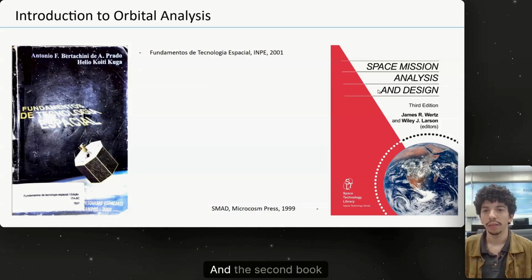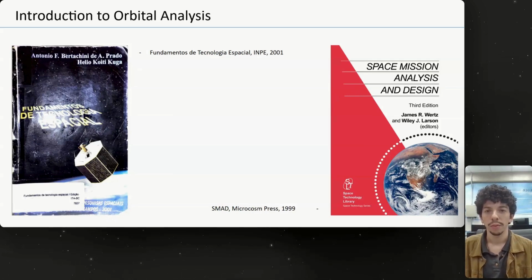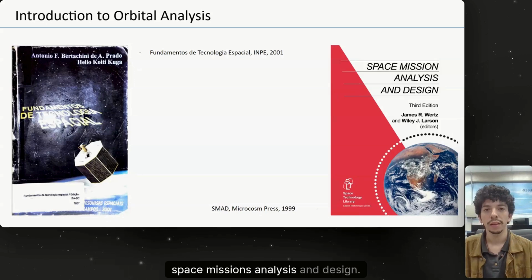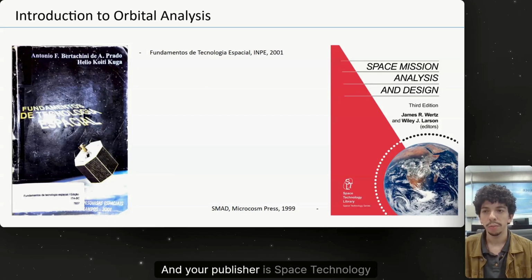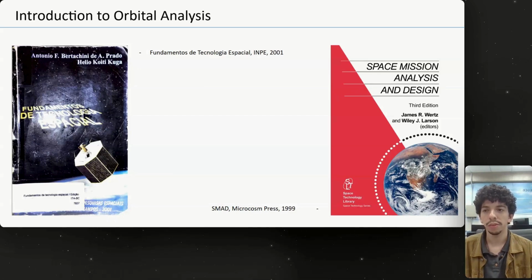Okay, and the second book is very important literature about space missions analysis and design, or SMAD, third edition, and its publisher is Space Technology Library.